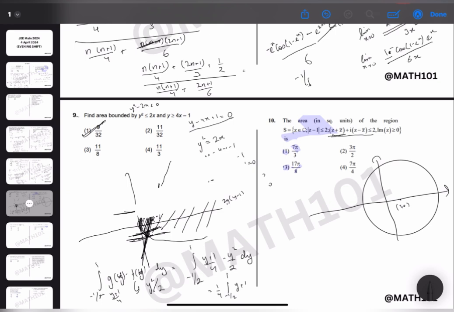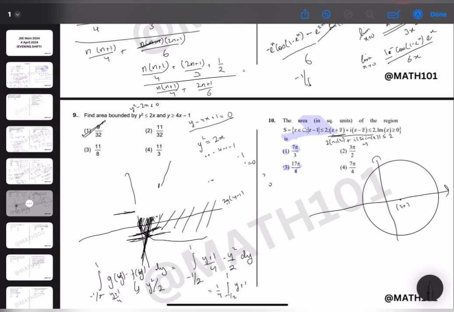Because z plus z bar is 2 times the real part of z, plus z minus z bar is iota times 2 iota imaginary part of z, less than equals to 2.